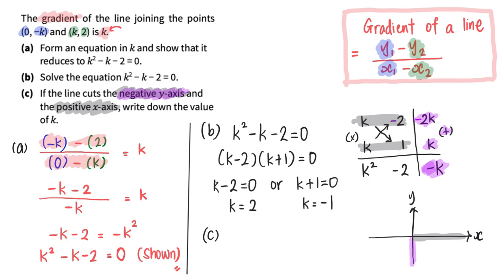This means that the only possible case here would be something like this. This could be a rough sketch of this particular line that we are looking at, such that it can cut the y-axis, negative y-axis, and the positive x-axis.